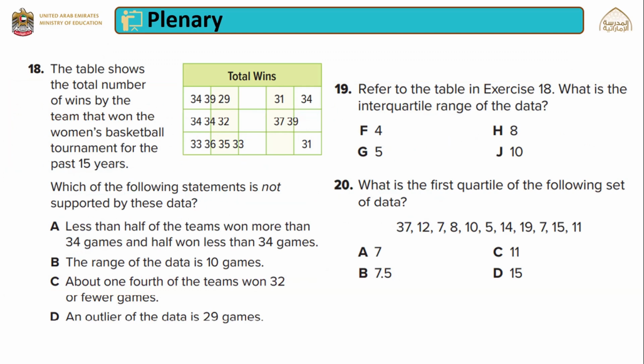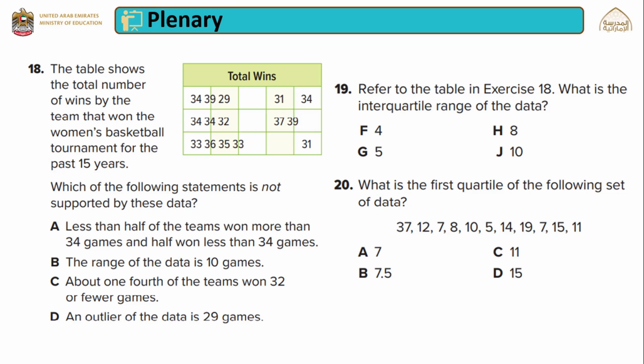Plenary. The table shows the total number of wins by the team that won women's basketball tournaments for the past 15 years. Which of the following statements is not supported by these data? Less than half of the teams won more than 34 games and half won less than 34 games.